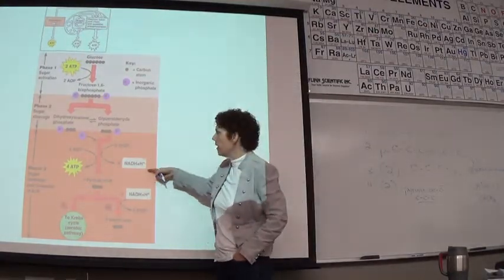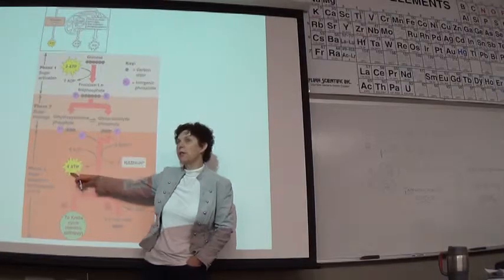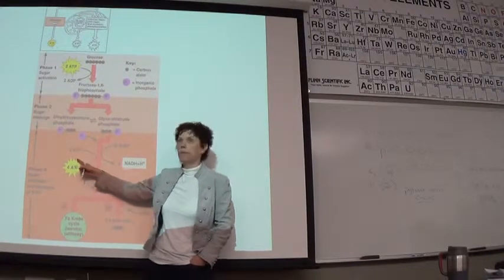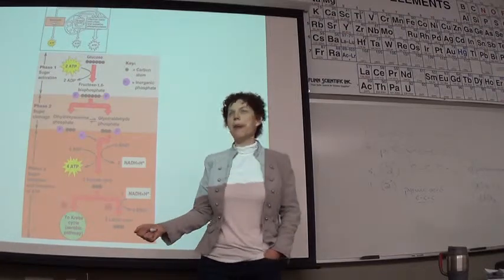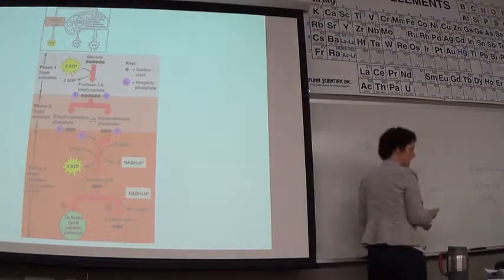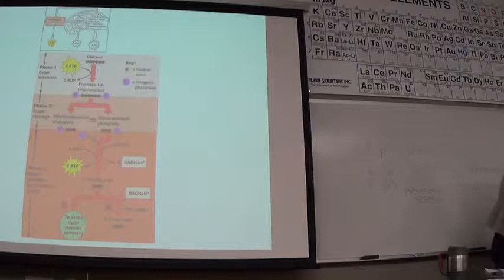In removing these hydrogens, enough energy was released to make those 4 molecules of ATP. We had to pay the energy back. So our net gain, as far as ATP is concerned, is 2 molecules of ATP.